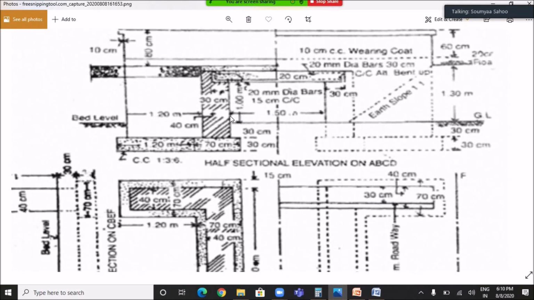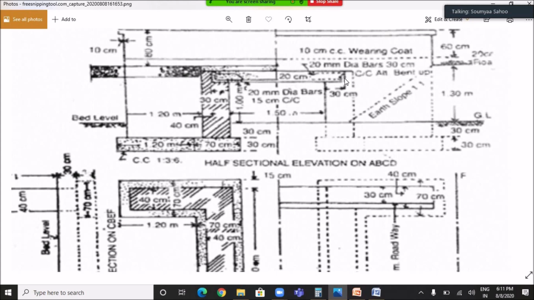See, from this point to this point the width is given as 1.5 meter, and here you can see the slab which is embedded in the abutment having a width of 30 centimeter on either side. Here this side 30 centimeter, here this side 30 centimeter. So the total width of the RCC slab will be 1.5 plus 0.3 plus 0.3 equals 2.1 meter.